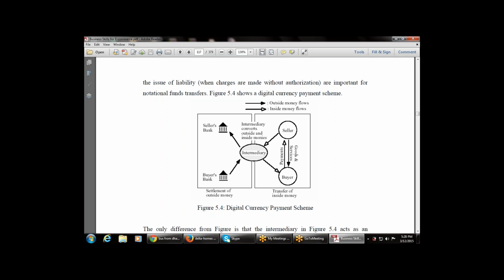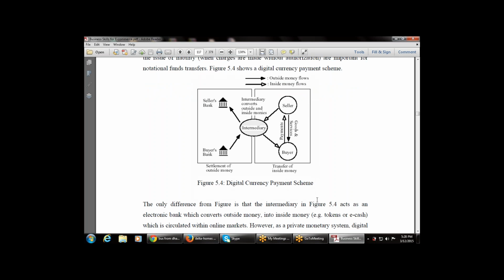The left-hand side is known as settlement of outside money and the other is known as transfer of inside money. This is the digital currency payment scheme.